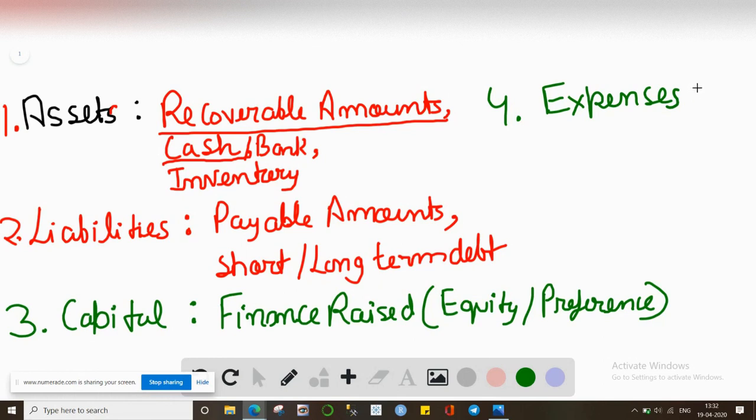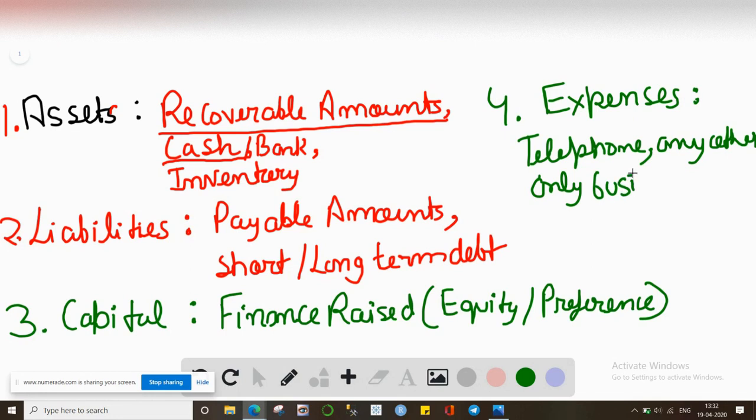Expenses, I think everyone will be familiar with, like telephone expenses, any other expense, but only for business purposes, not for personal purposes. And the last and the foremost is revenue.